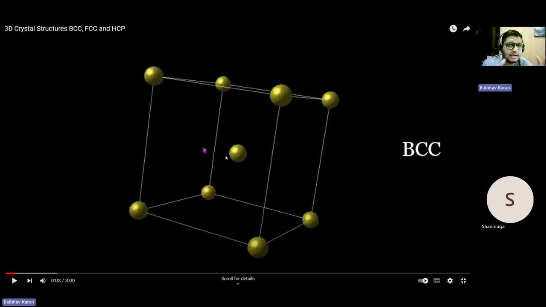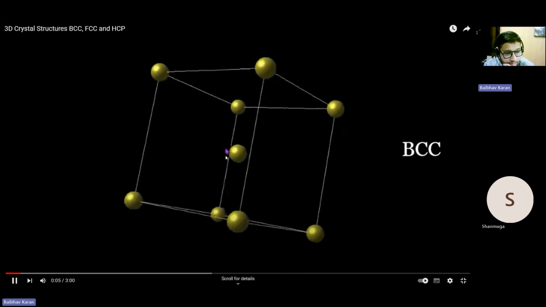Then the FCC has atoms at the vertices and in each of the faces. And finally, the HCP, hexagonally close-packed structure, shaped like a hexagon. Let's see how this periodic arrangement is occurring in these atoms.